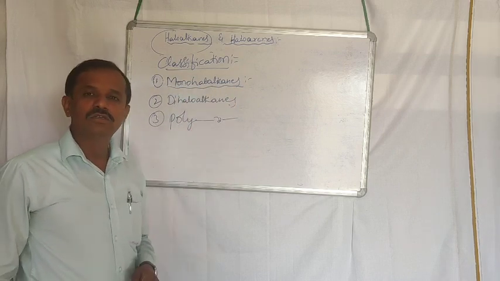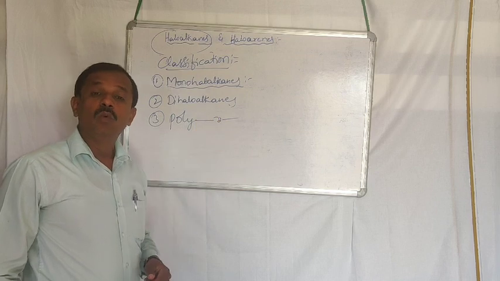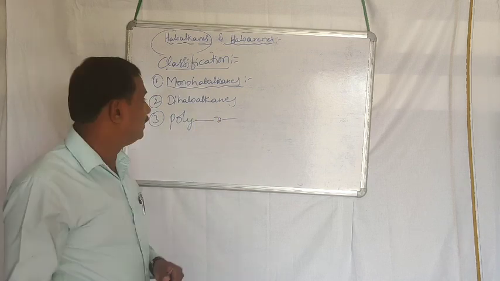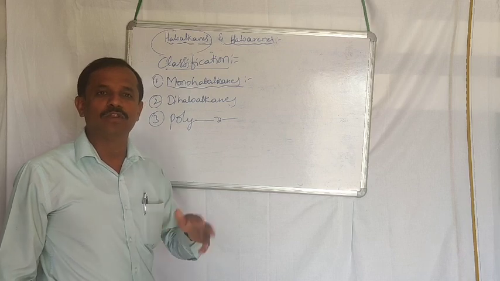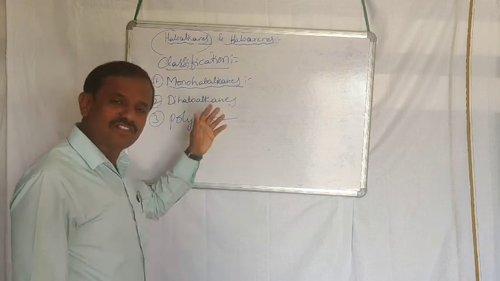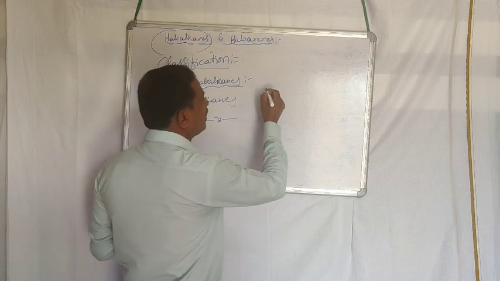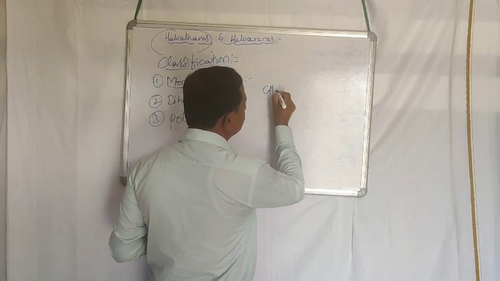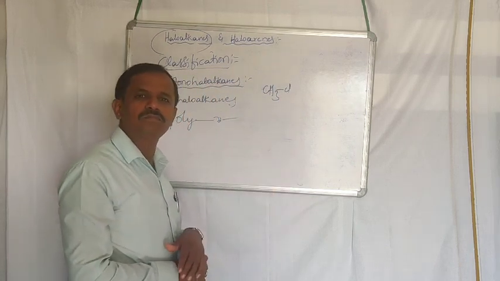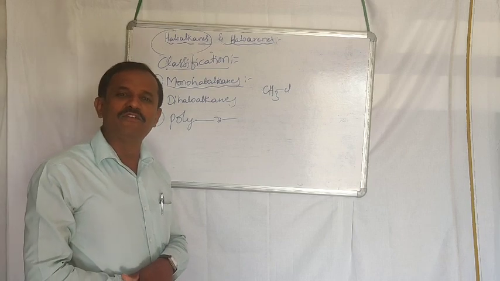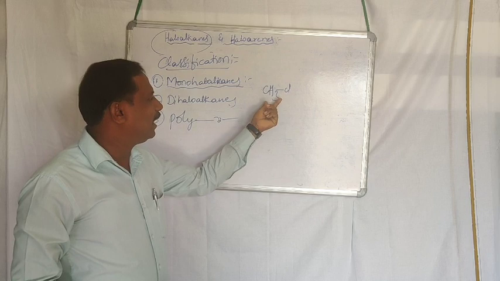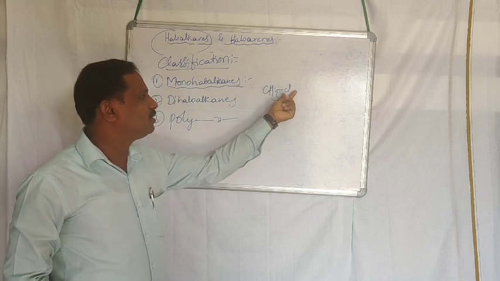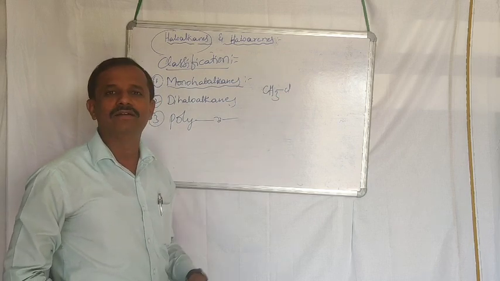These are compounds in which one hydrogen atom of an alkane is replaced by a halogen atom like chlorine, bromine, iodine, etc. For example, methyl chloride. You know the formula for methane is CH4. In CH4, one hydrogen atom is replaced by Cl, hence it is methyl chloride.